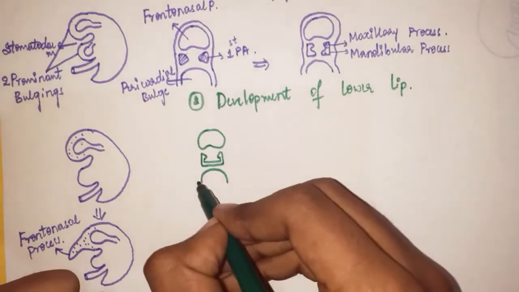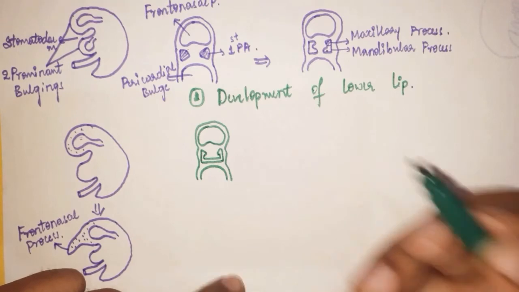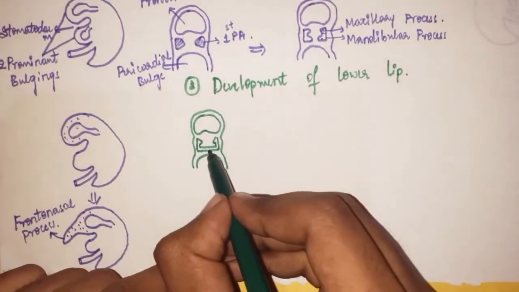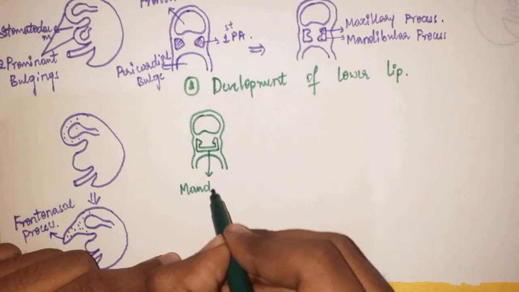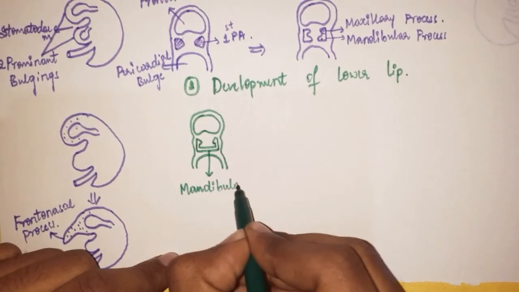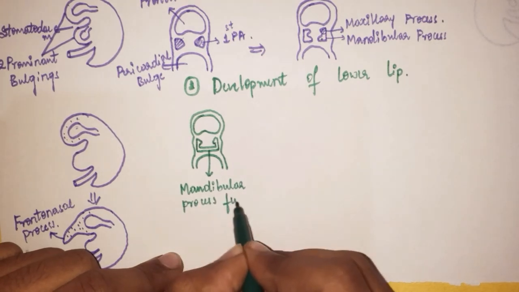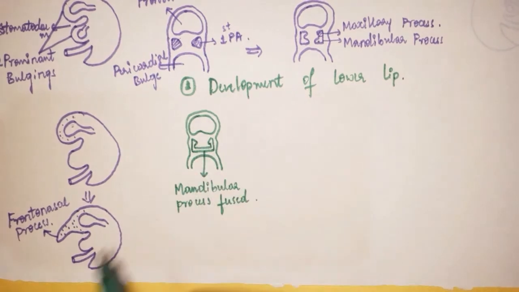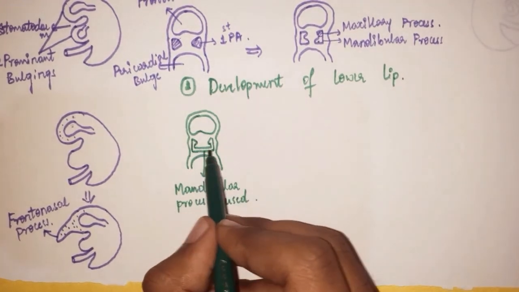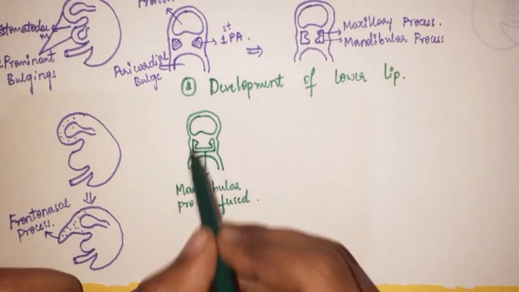This is the ectoderm surrounding the whole embryo. Here the mandibular processes are fused. After fusing, this is the stomatodium, the primitive mouth.